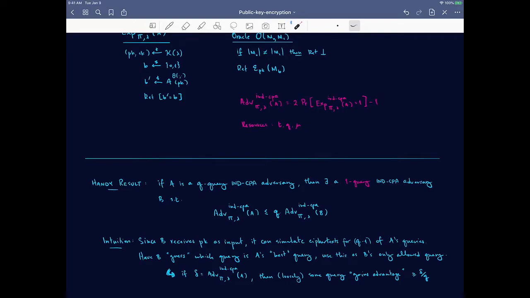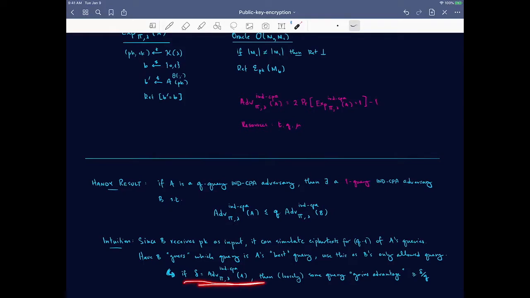Well, in a sense, we just have B guess a number between 1 and Q, and say that number is I. On the ith query, it will send that to its oracle and then return the return value to A. And on everything else, it's going to simulate using the public key. The intuition for why this should work is this.